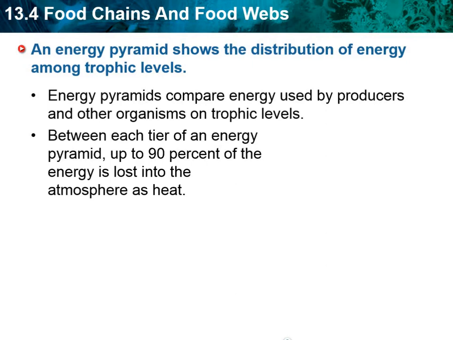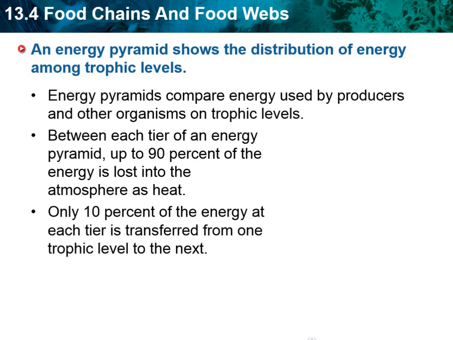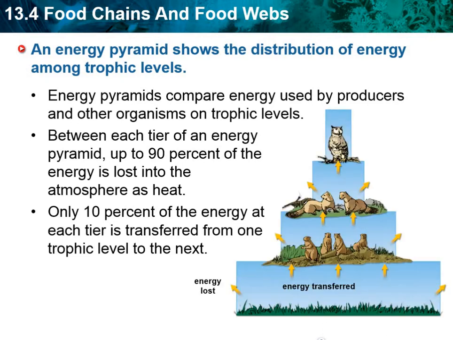The remaining 10% is what gets passed on to the next consumer. So if you were to get eaten by a polar bear, you could laugh at that polar bear because it is only getting 10% of the energy from you. You used the remaining 90% and lost it as heat. So only 10% of that energy at each tier is transferred from one level to the next.